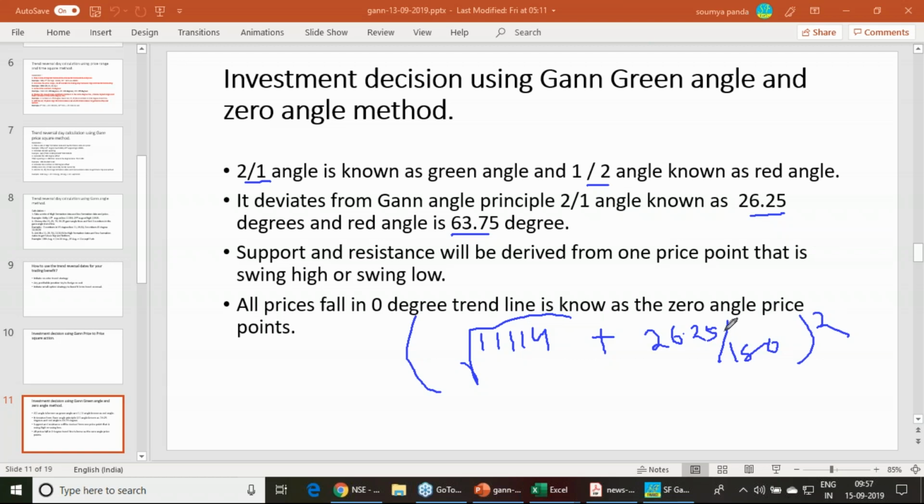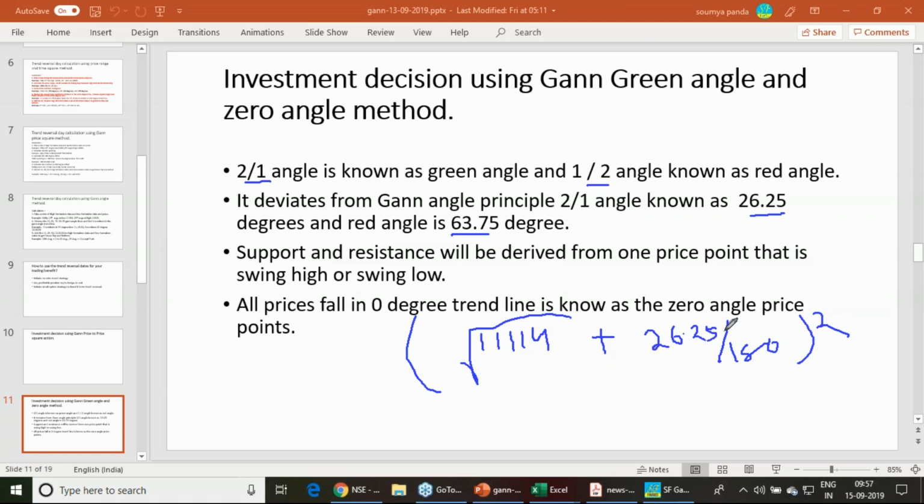Can anyone quickly do it and tell me? The square root is 105.54, sorry, of 11,114, and this should be added with 26.25 divided by 180.